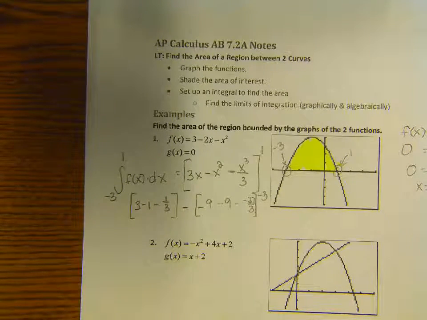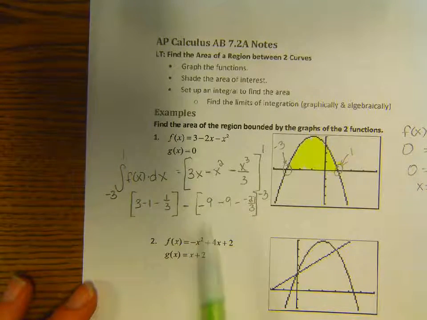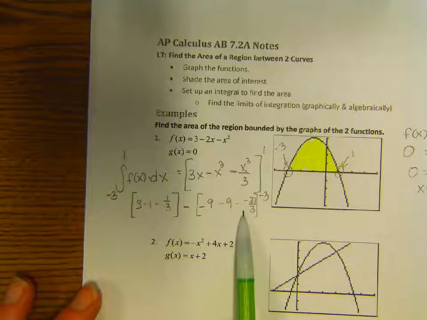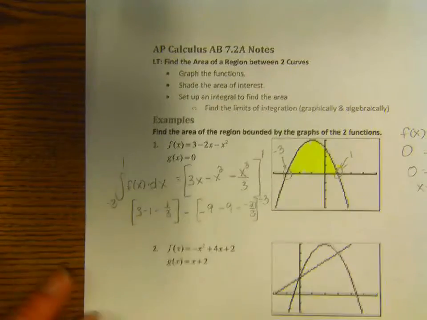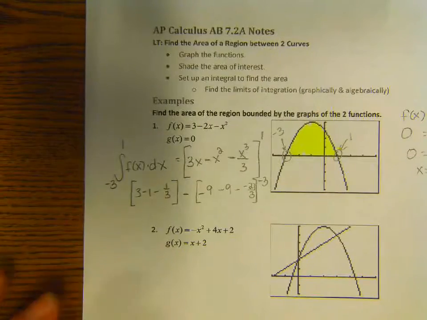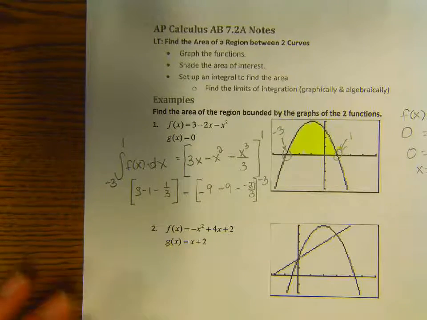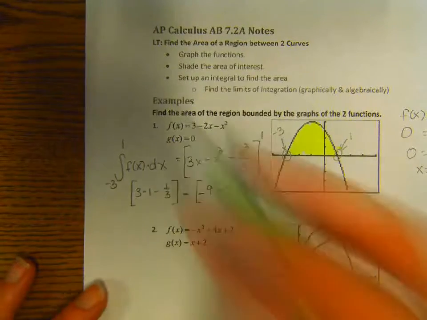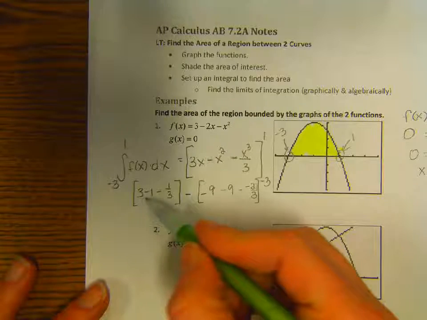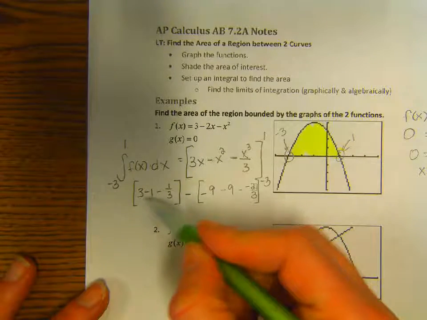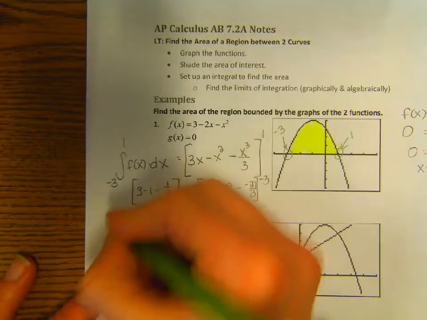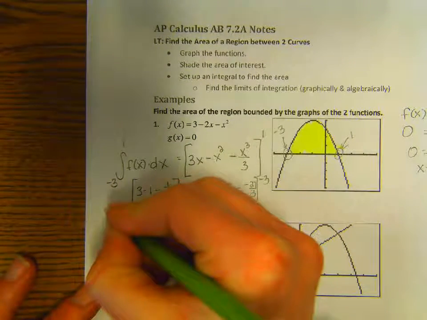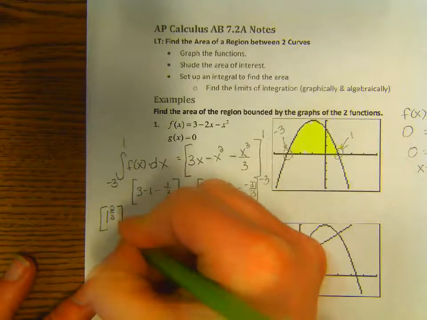So this is -9 minus 9 plus 9. There's a lot of negatives in here. All right, let's simplify a little bit. If I can avoid having to do a common denominator, 3 minus 1 is 2, and 2 minus 1/3, isn't that 1 and 2/3?